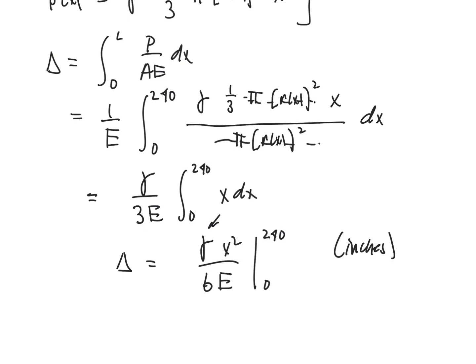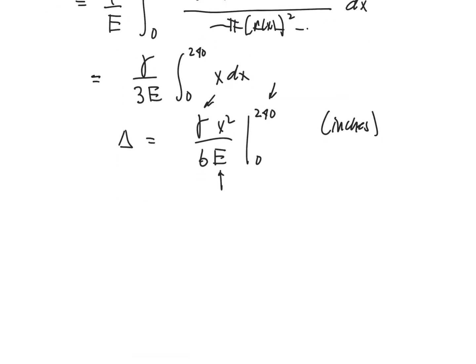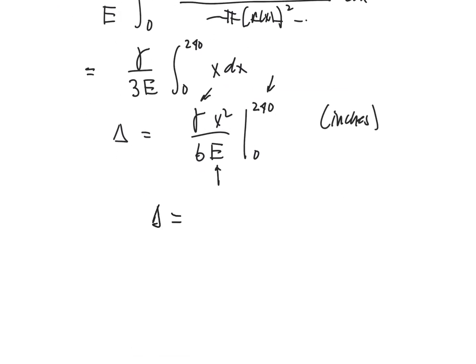Inches is inside there, inches is in there, inches is in there. So that's going to be the units that we get when we do this final calculation. So we go ahead and calculate that out, and we find that delta is equal to 90.6 times 10 to the minus 6th inches. And we want to make sure to tell people, so that there's no mistake, that that's going to be downward.